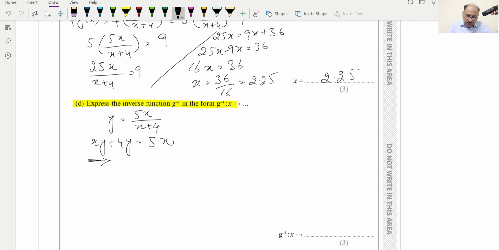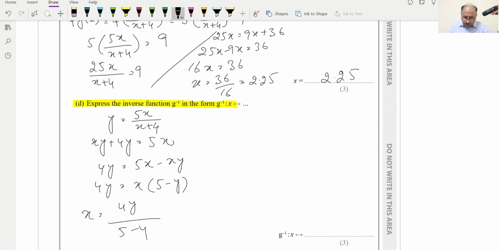So this xy we are shifting to other side, so this will be equal to 4y is equal to 5x minus xy, and now 4y is equal to x, we can take common, it will be 5 minus y, and x is equal to 4y over 5 minus y.